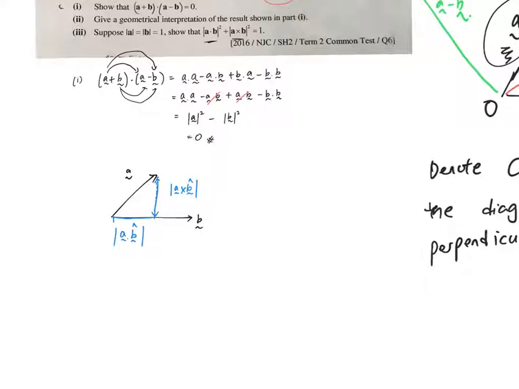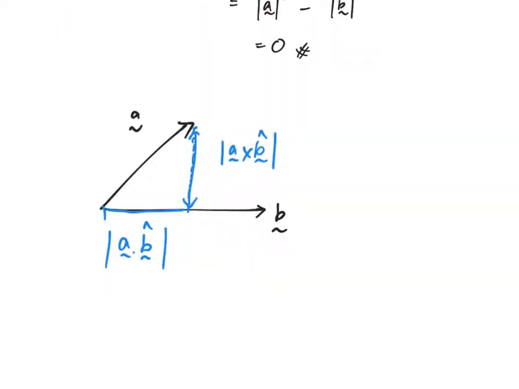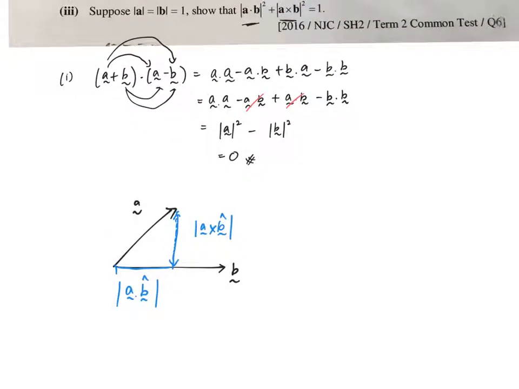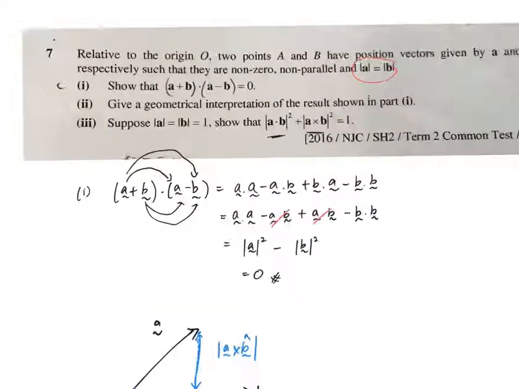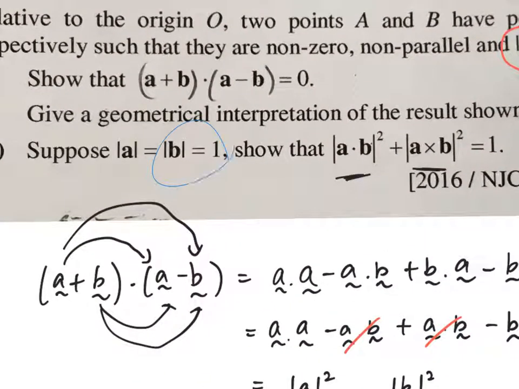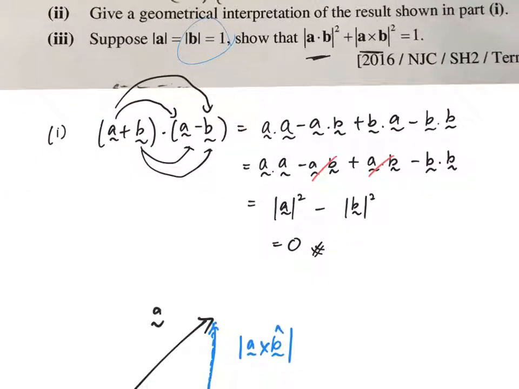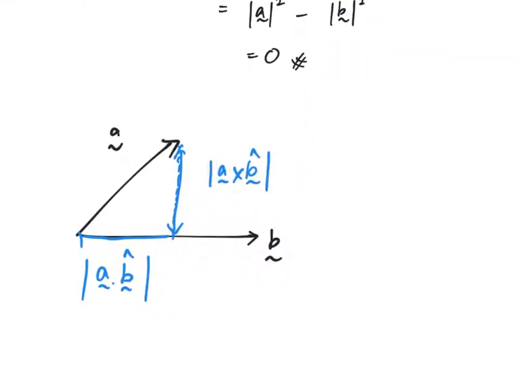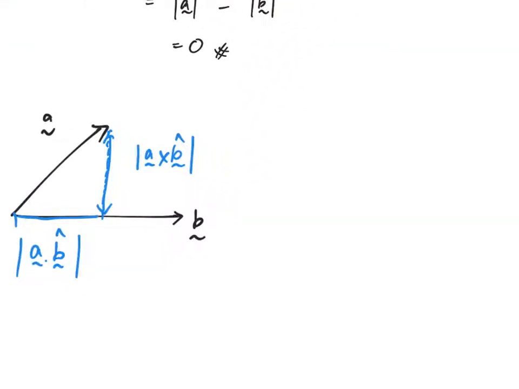Okay, however, you must remember that in this question, in part 3, they told you that the magnitude of B is equal to 1. So what does it mean? It means that in this case, B is already a unit vector, because the magnitude of B is equal to 1.